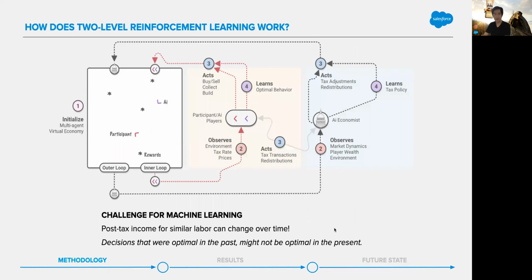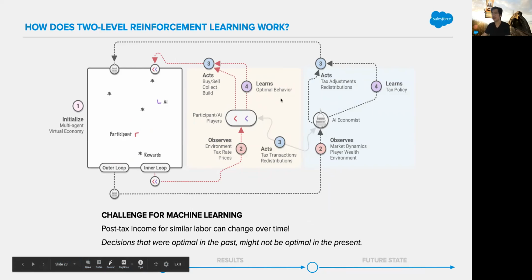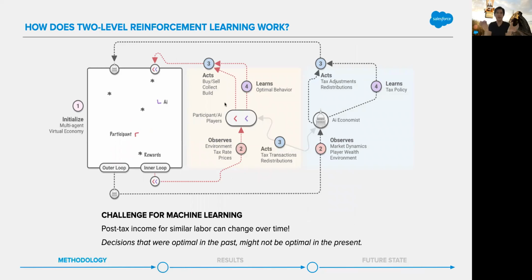Now, I already mentioned that in this setup, there are actually 2 entities that are learning. There are agents, and then there's the planner. Both of these entities are using reinforcement learning to learn. And that's actually a really hard reinforcement learning problem, because it's 2-level. As the agents are optimizing their own expected reward, at the same time that reward is being changed by the social planner on the outside.